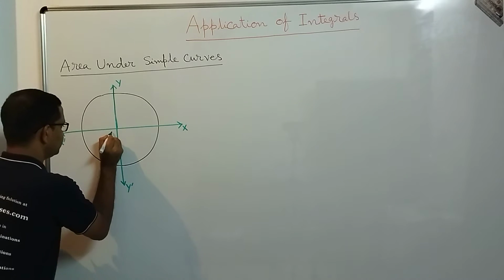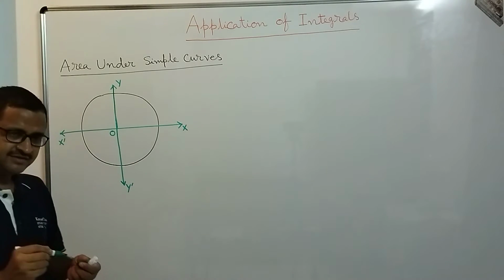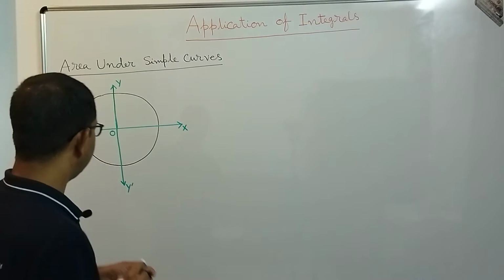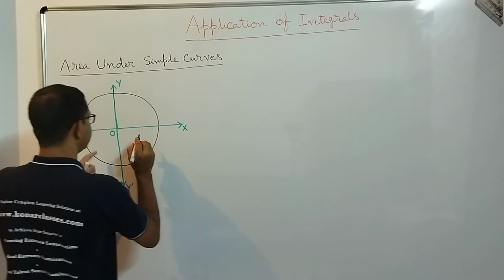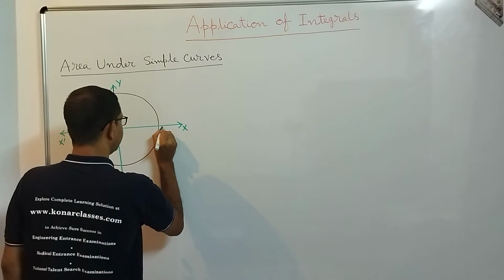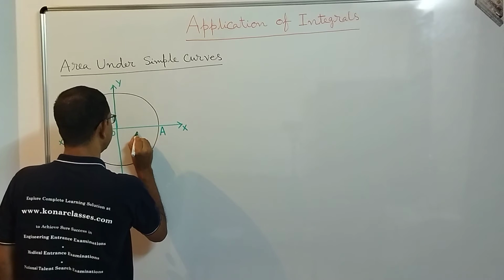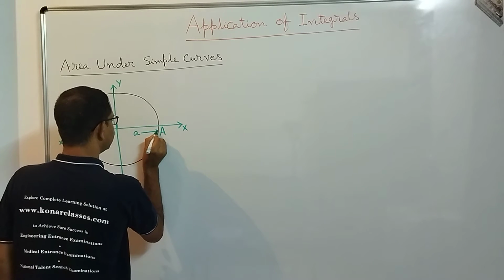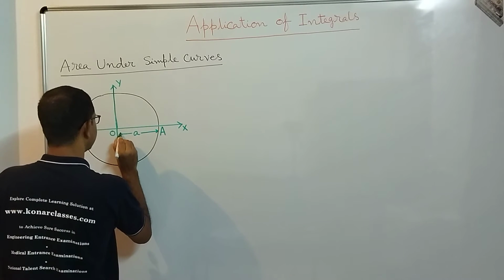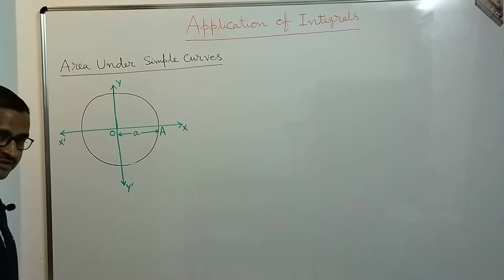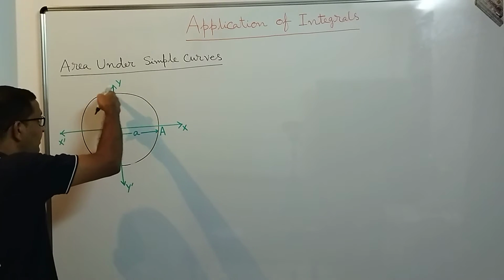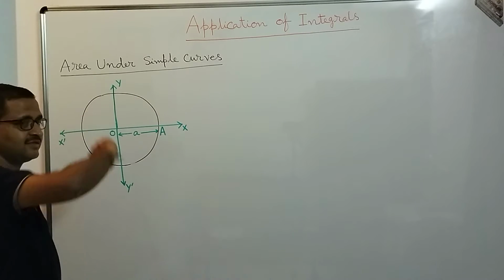And this is the origin, and as it is given that the radius of this circle is a unit, if we consider this as capital A, then OA is lowercase a, correct or not? That is the radius, and it has been asked to find the area of this entire circle.